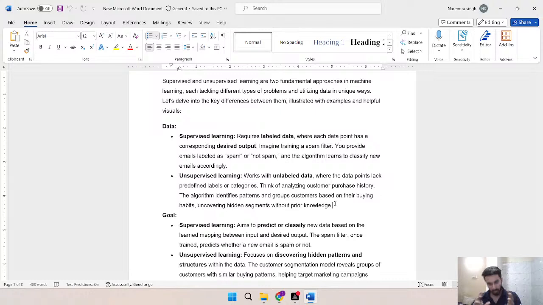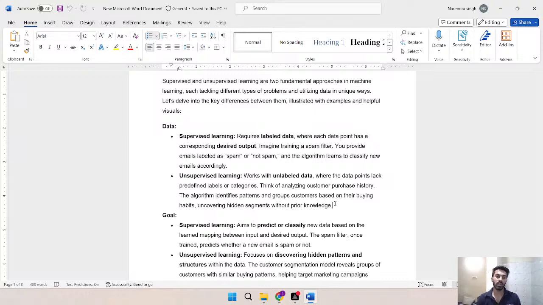Suppose that shop has implemented an unsupervised machine learning algorithm called apriori in their system, and if you buy peanut butter, then the apriori algorithm will suggest you buy jam also.